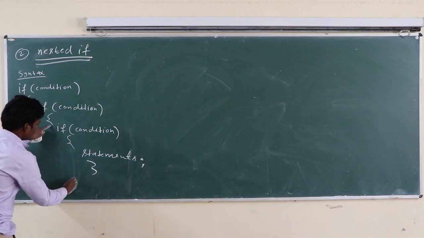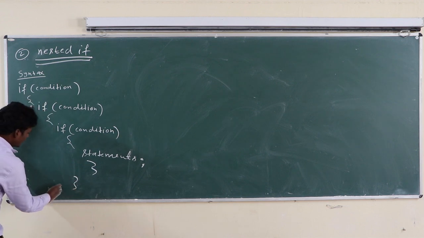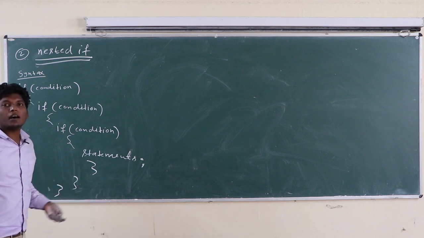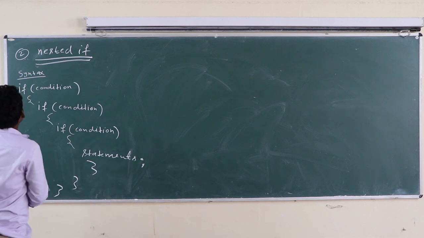This block is closed, this block is closed here, and this block is closed here. This is one example of the syntax of nested if else.